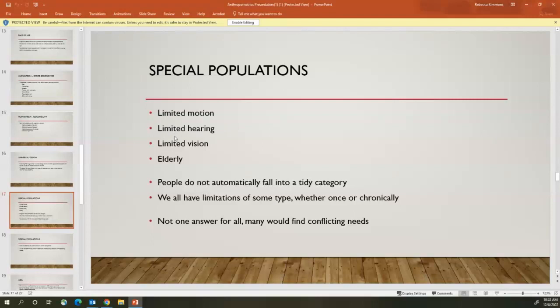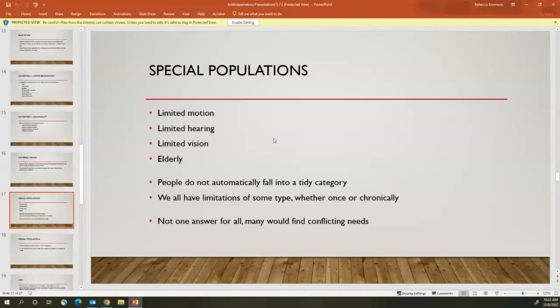You may be in one of these at one time and then out of it at another. For instance, if you've ever broken an arm or broken a leg, then you fall into that limited motion category for a period of time. And in that time, you will probably gain a lot of appreciation for universal design elements that are created for those with limited motion.